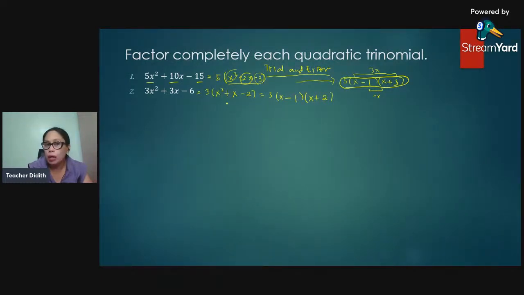How about the middle term? Is it positive x? This is negative x, while this one is 2x. So 2x minus x gives us x. So really, these are the factors. Let me just rewrite the factors. The factors are 3, quantity x minus 1 times quantity x plus 2. So these are the factors, guys.